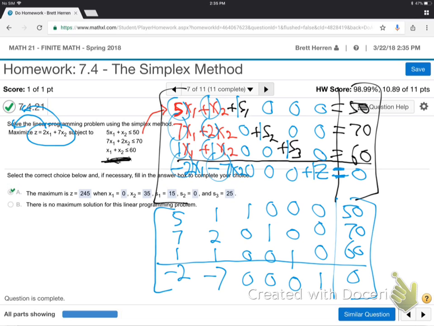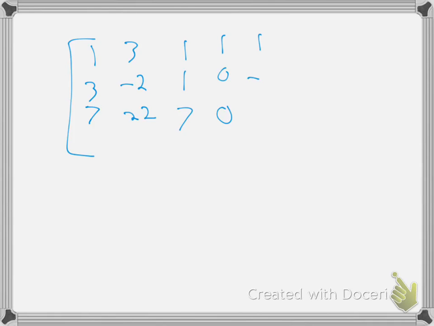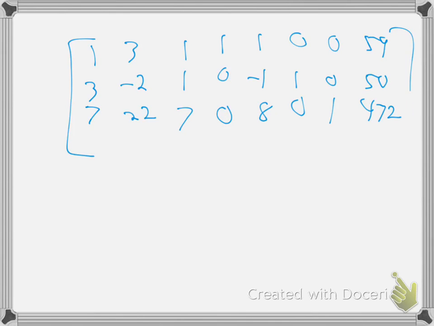The final matrix you should get is what I'm getting: 1, 3, 7, 3, minus 2, 22, 1, 1, 7, 1, 0, 0, 1, negative 1, 8, 0, 1, and I have to go to the right. It kind of goes off my screen. You guys getting that? 1, 0, 0, 0, 1, 59, 50, 472. Put those lines in yourself.